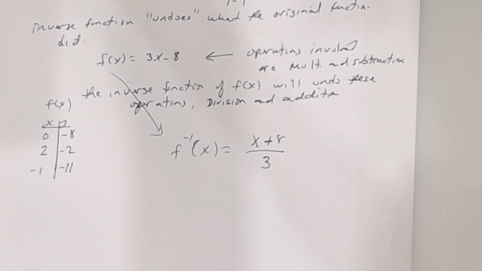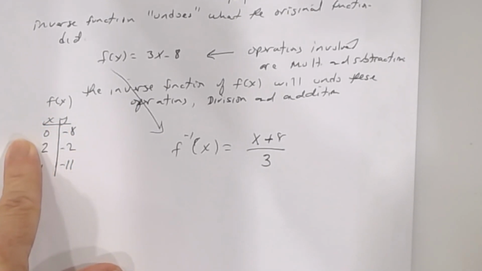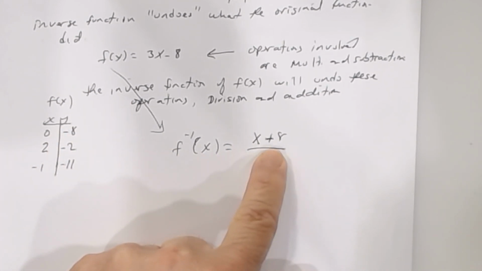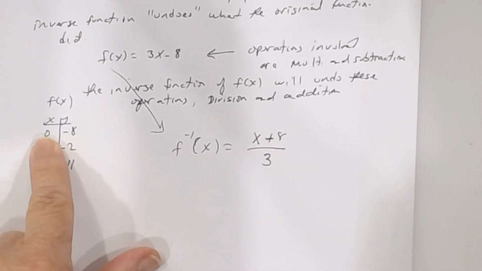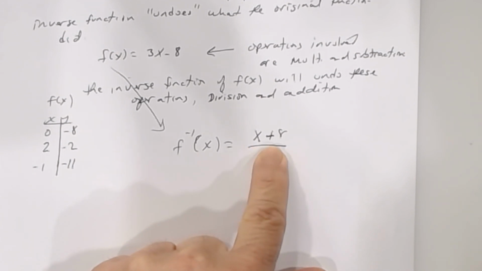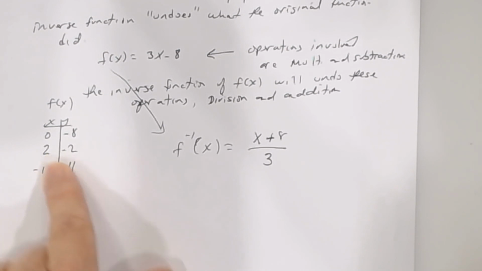And you can check it, by the way. I'll do another one just to show you, but you can check it. Remember we said that in this t-table, the inverse takes -8 and brings it back to what? 0. So if -8 is now my x value, what's -8 plus 8? 0. 0 divided by 3 is 0. -2. What's -2 plus 8? 6 divided by 3? 2. -11.